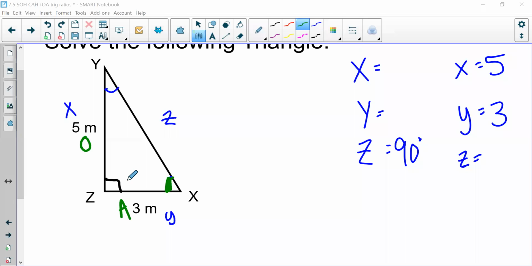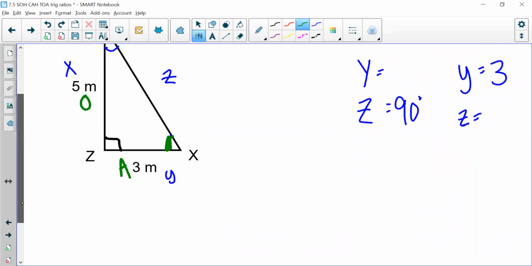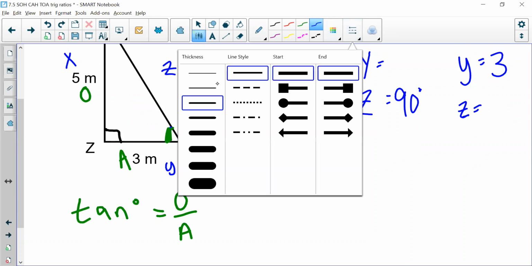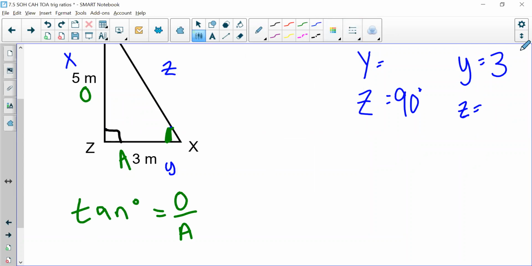So solving for angle X using tangent, tan of my angle is O over A, X being the variable of my angle. My opposite side length is 5 and my adjacent side length is 3.